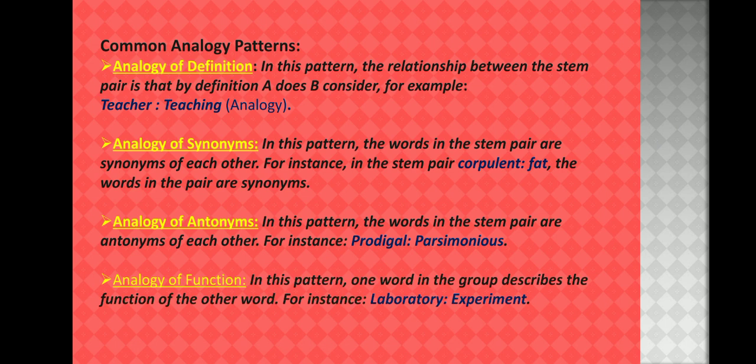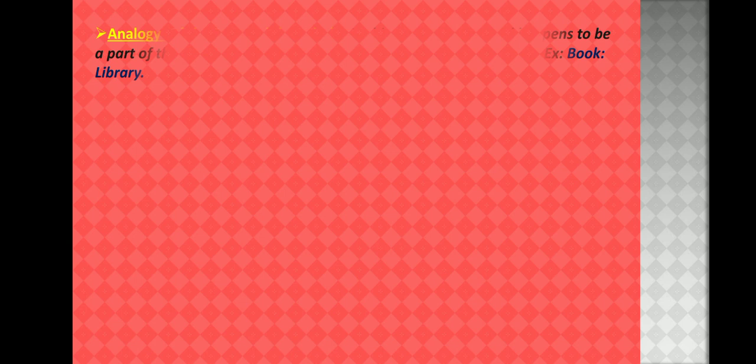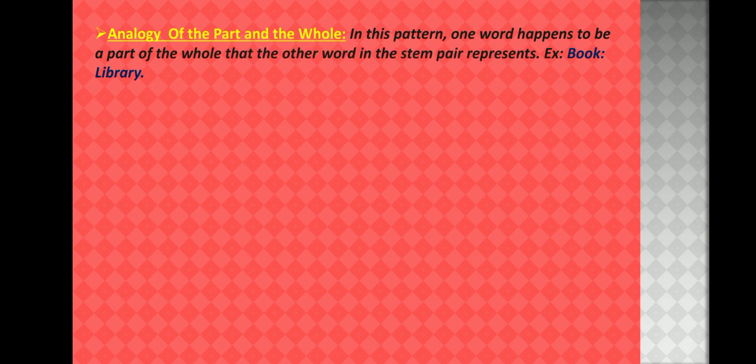Analogy of function. In this pattern, one word in the group describes the function of the other word. For example, laboratory, experiment. Why we use laboratory? To make some experiments, we use laboratories. Next, analogy of the part and the whole.